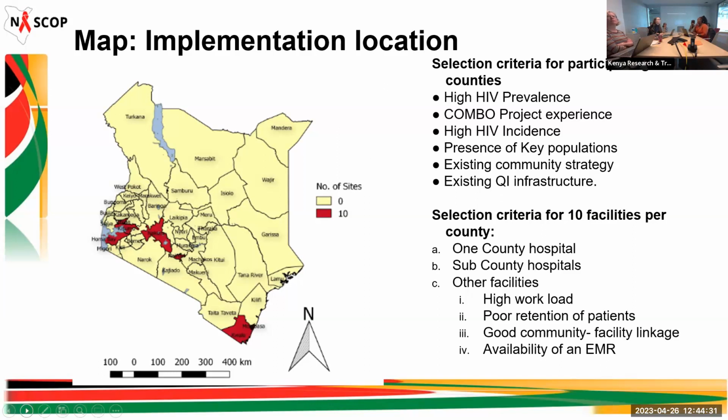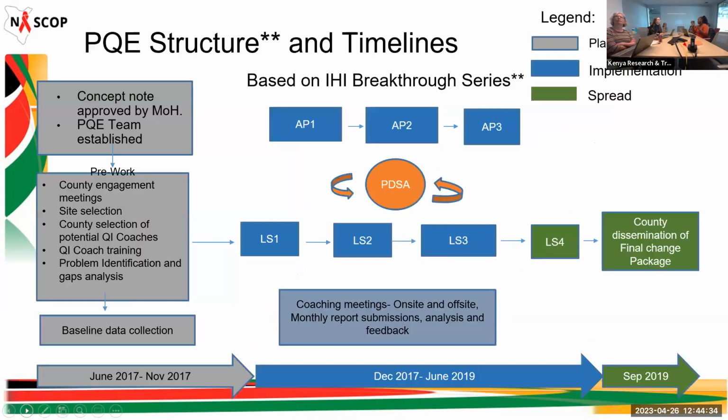I'll talk about what happened now with the change package, because we're seeing the same things happening in different areas when people had never met. So we adopted the breakthrough series that is supported by the IHI. IHI is a big organization that is just supporting quality improvement work. And so we dubbed this program Quality and Efficiency.